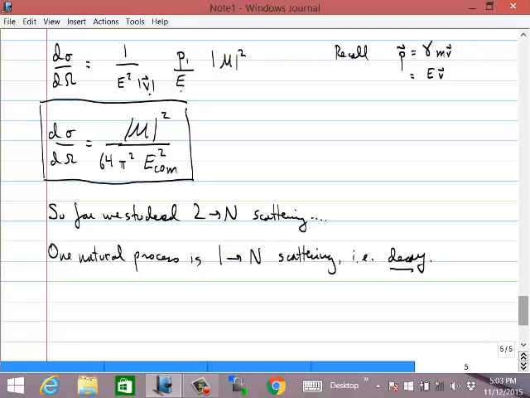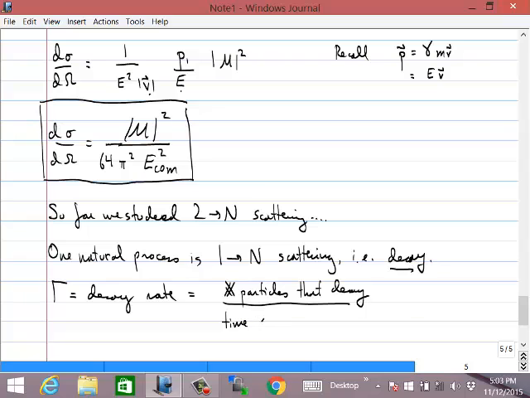Just as when we're studying 2 particle scattering it's natural to talk about a cross-section, the analogous quantity for a decay process is the decay rate, typically denoted gamma. If we have some collection of n particles, this is defined as the number of particles that decay divided by the total number of particles per unit time.